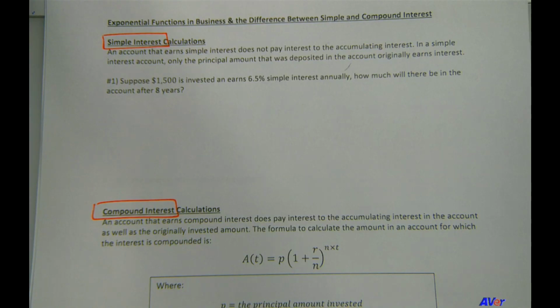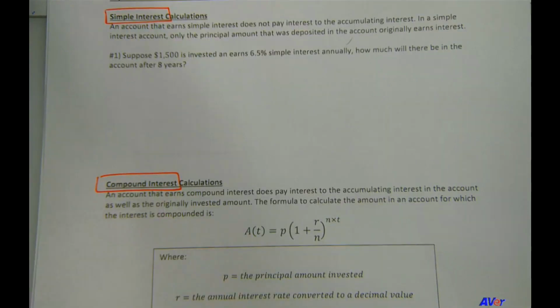Okay? But the compound interest is an interest type that is going to apply to everything that is in the account. Not only the principal, but also whatever interest has been accumulated in the account is going to then earn interest on it. Okay? So if that $1,000 that you invested in the account had a 50% compound interest rate, then in the second year, the 50% interest would apply to $1,500, and so on.